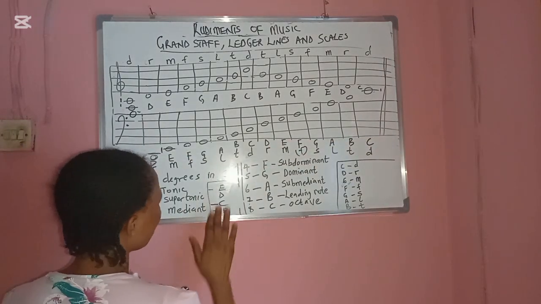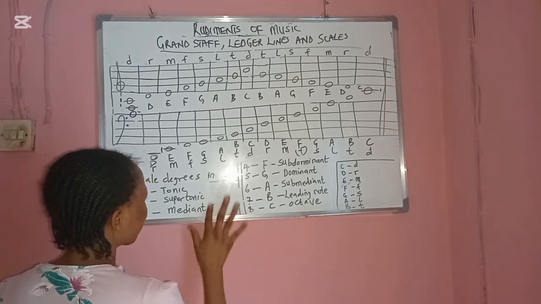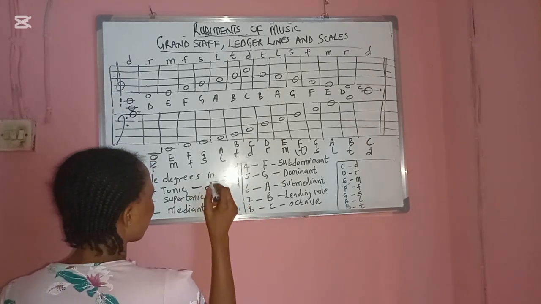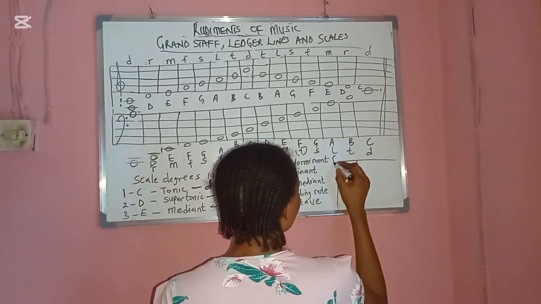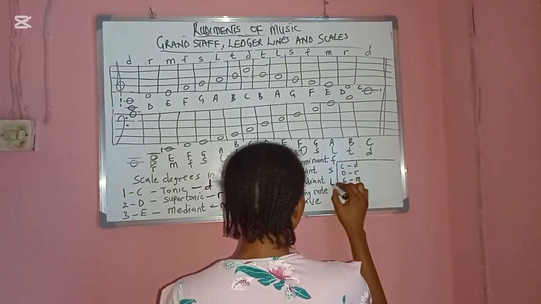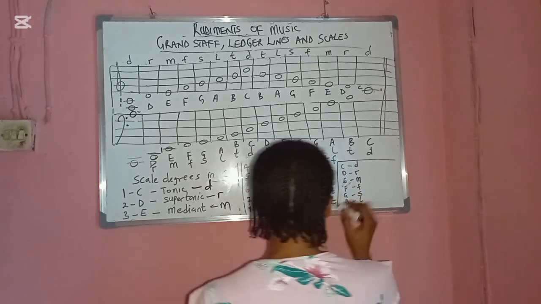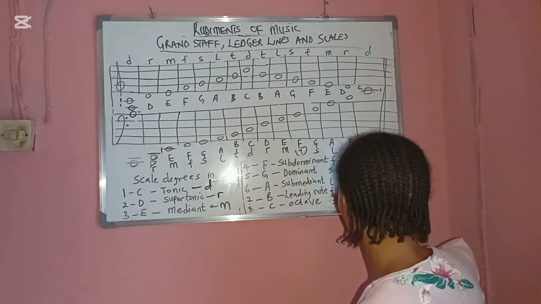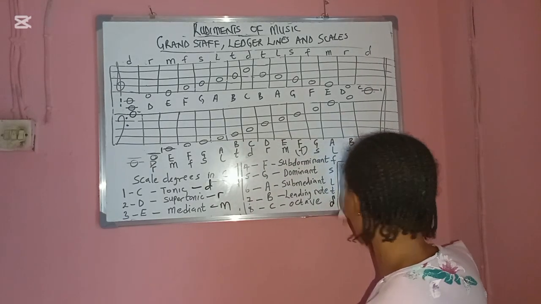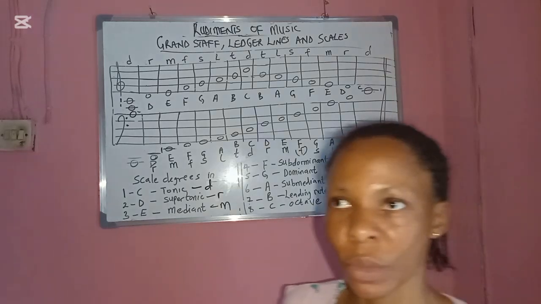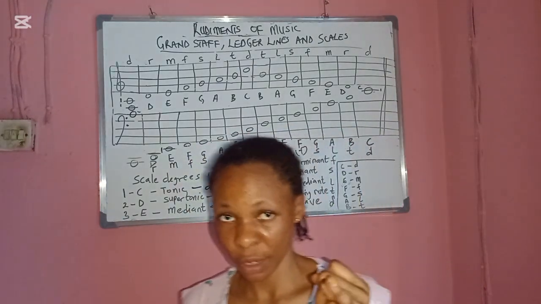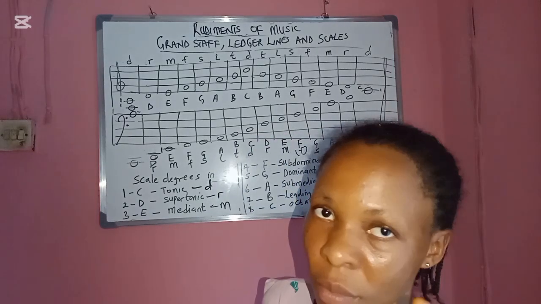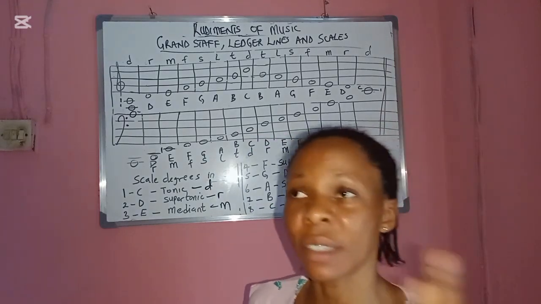So let me write this. Do is the tonic. In every major scale, do is the tonic, re is the supertonic, as the second degree.